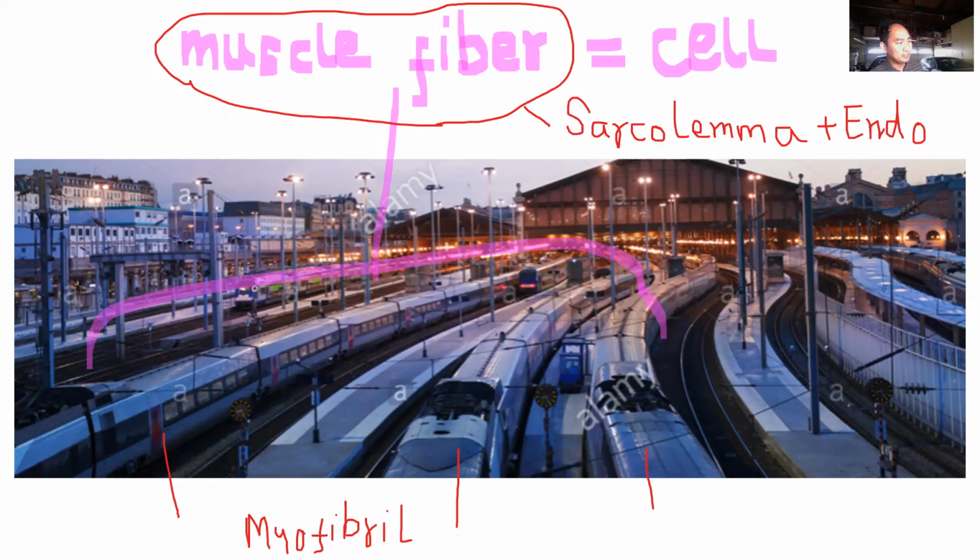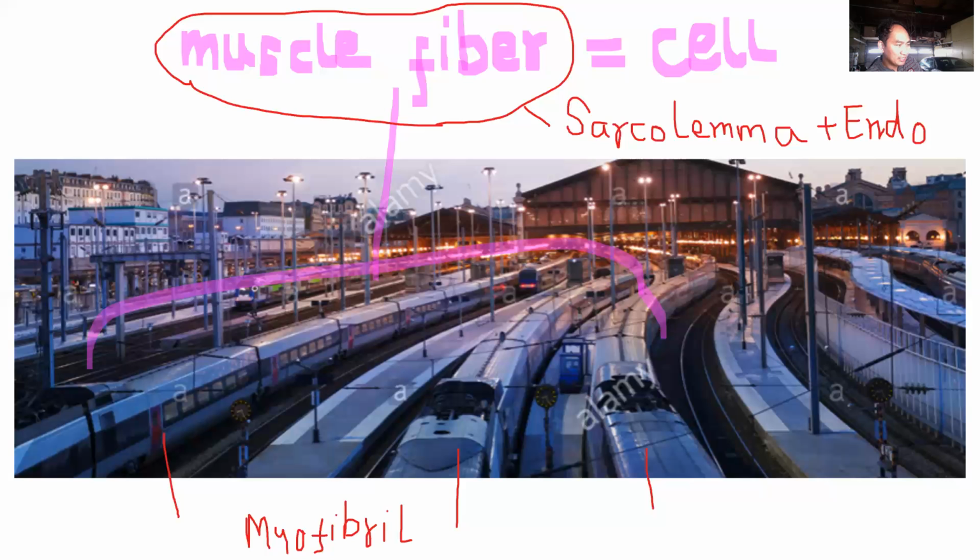Sarcolemma is just like a cell membrane equivalent. And on top of that, you loop around the endomysium. Then you are going to call this structure a muscle fiber. A muscle fiber is equivalent to a cell.